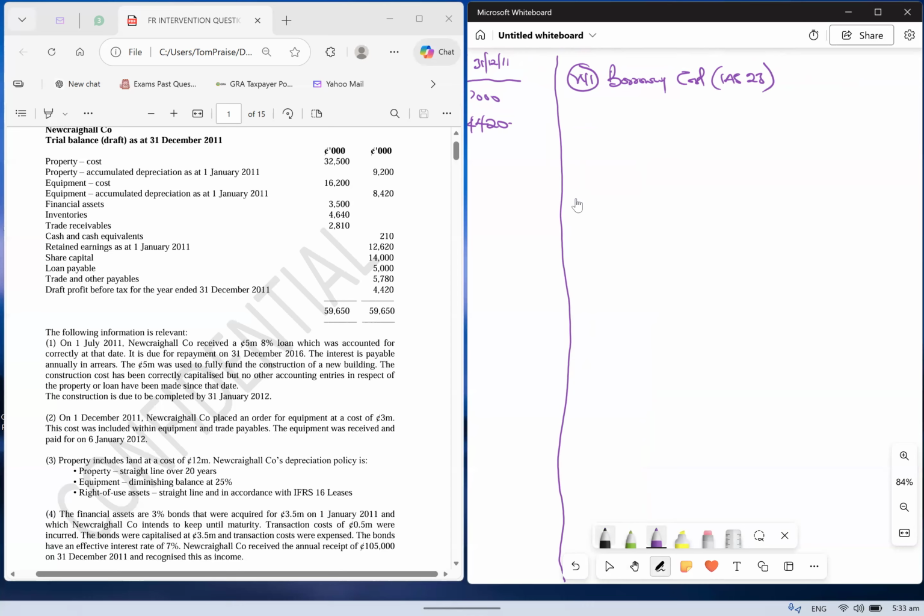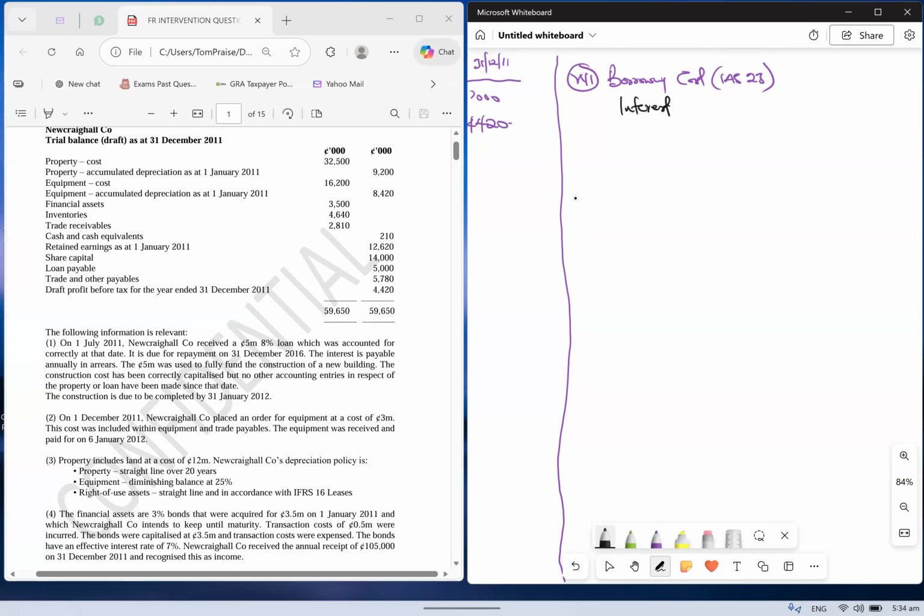Borrowing cost is the interest that you pay for taking a loan to finance an asset. That is what borrowing cost is about.